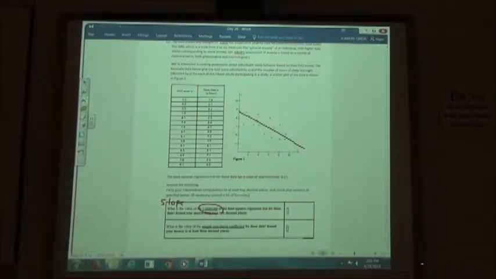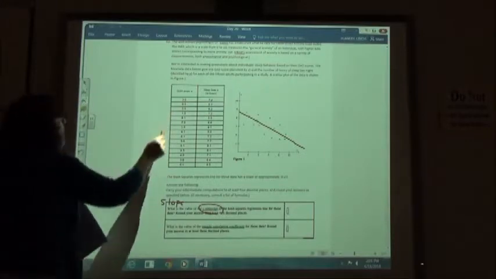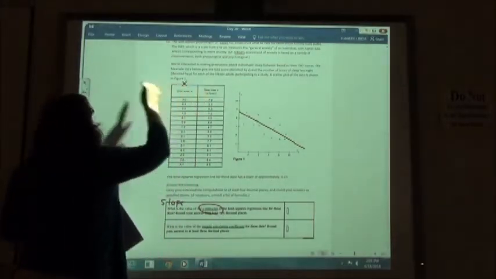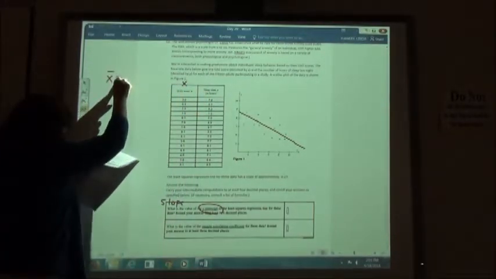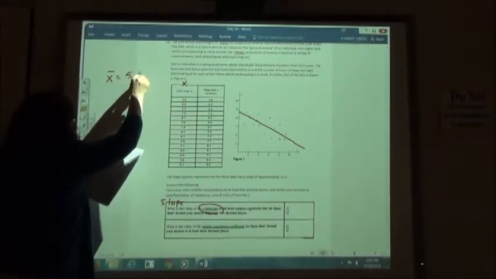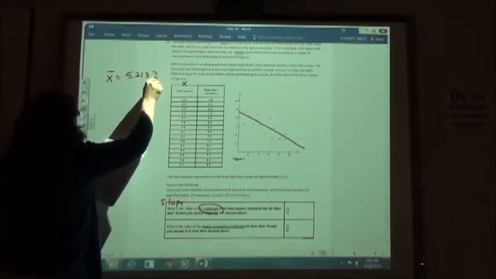Again, just pause the video while you're putting that data in and finding those statistics. When you're done, turn it back on. I have already calculated them. So stat function, one for edit to put your list in, and then stat, calc, and do the one variable statistics. So on my list one, my x values, x bar, my mean came out to be 5.2133.